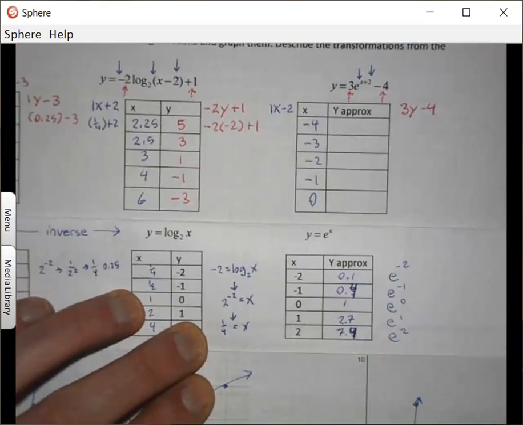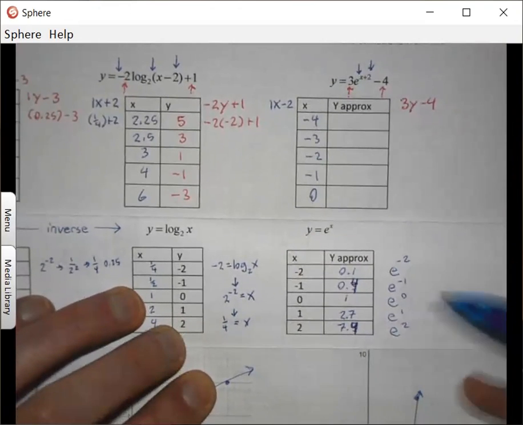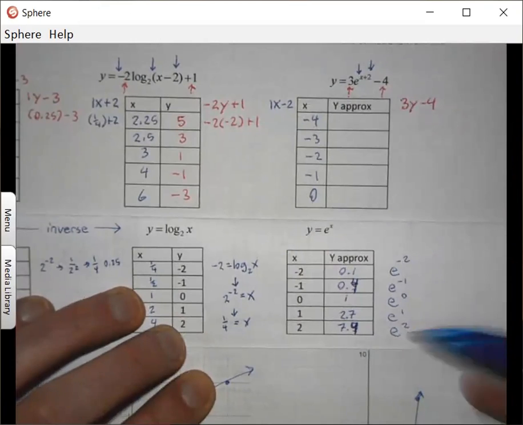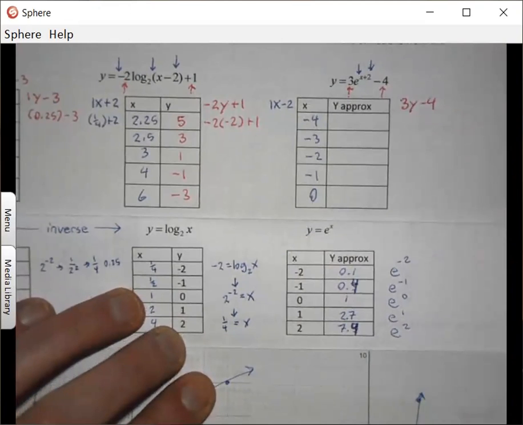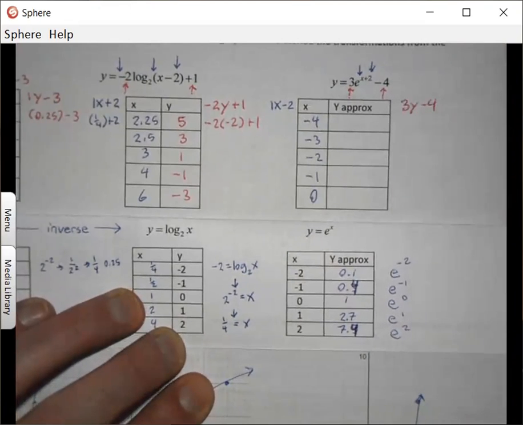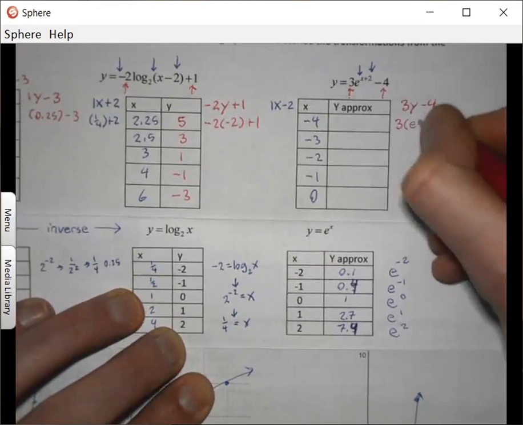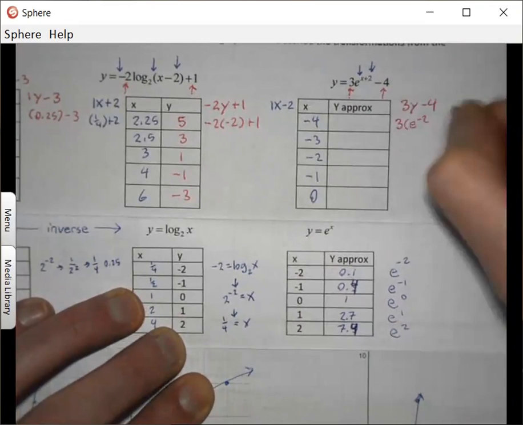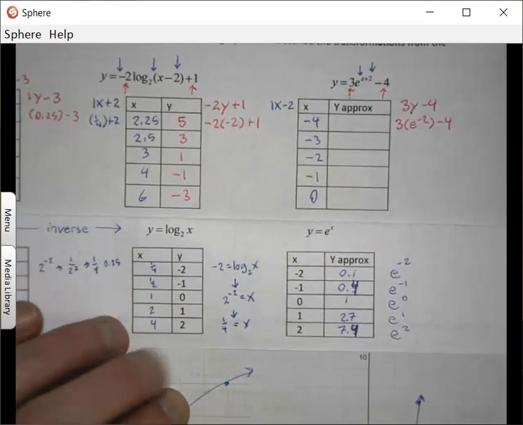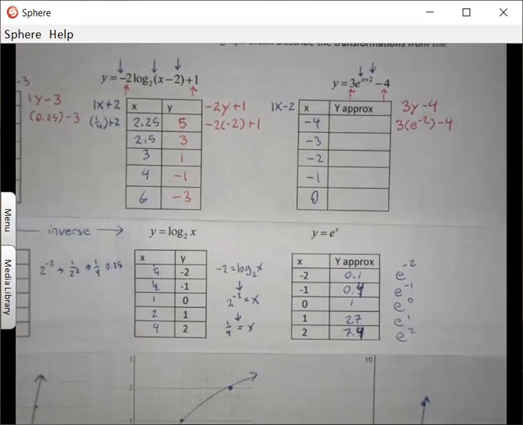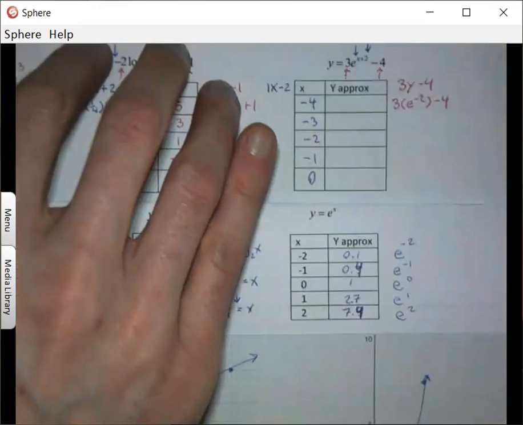Now for your y values, I would suggest using the exact and finding a new approximation. So for example, I would say in a calculator do 3e to the minus 2 minus 4, etc. I like to use Desmos, but you should be able to do that in any calculator.